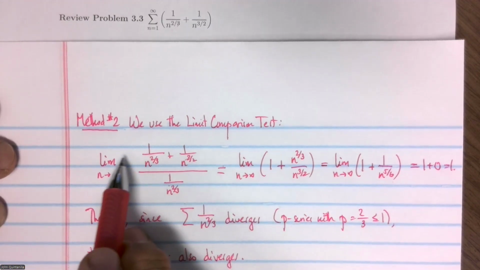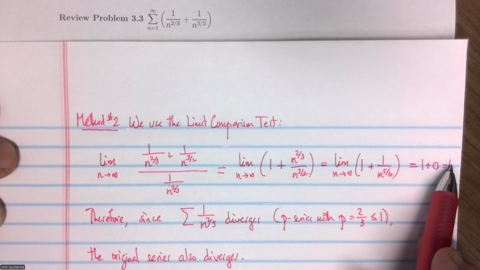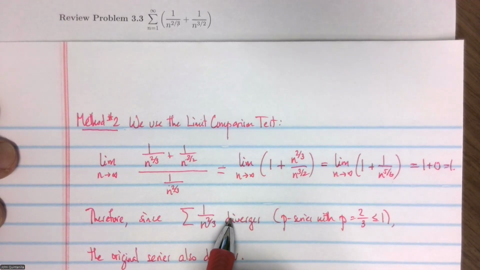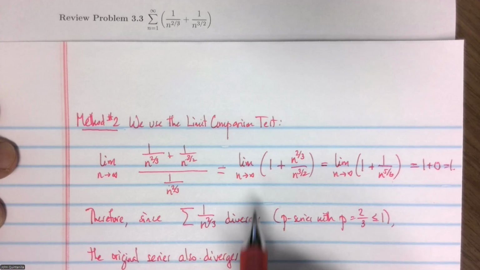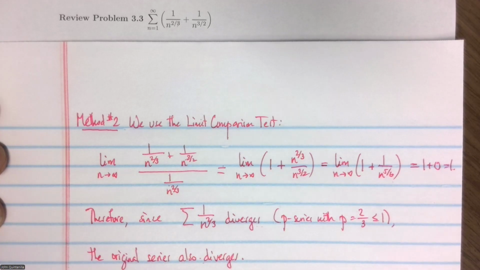So we compute this limit here and we get a result that's between 0 and infinity. And so if we know that this one series diverges, the other series diverges. Had this converged, this would have converged. So they both diverge or both converge. We know that this one diverges, and therefore the original one as well diverges.